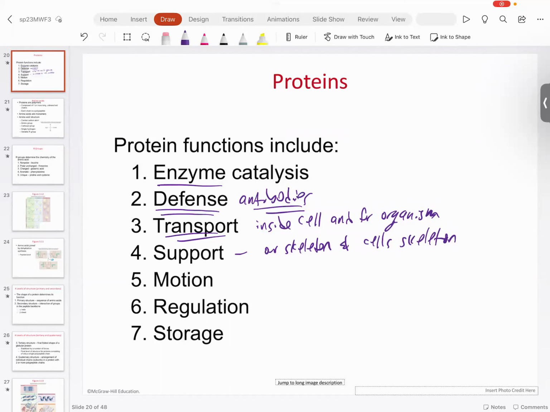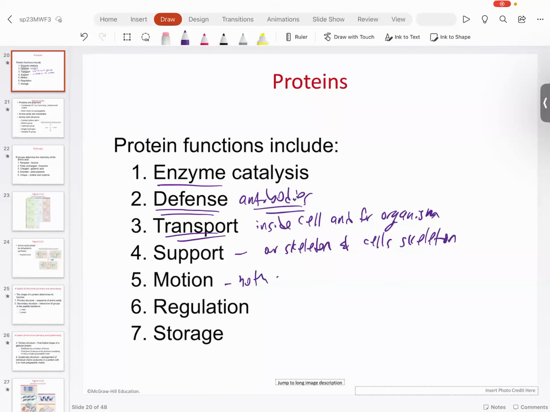Collagen, in particular, is a dominant protein in all of your supportive connective tissues, including your bone, your cartilage, and your connective tissue proper, like the stuff in your skin and your tendons and your ligaments. That's all protein. And not only that, but the cell inside has a cytoskeleton, an internal framework also made out of protein that gives the cell shape. We'll learn more about that in the next chapter.